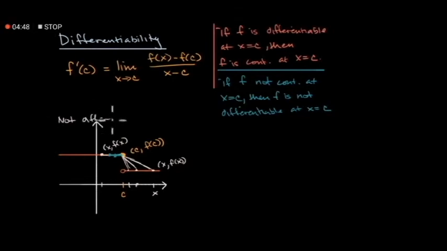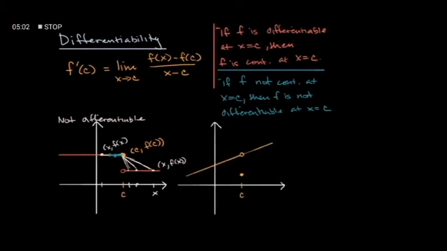If we get x to be even closer, then this would be the slope of this line. If we get even closer, then this expression would be the slope of this line.